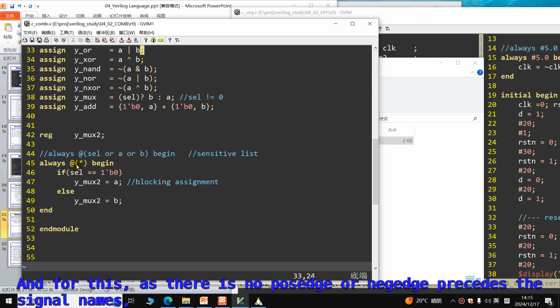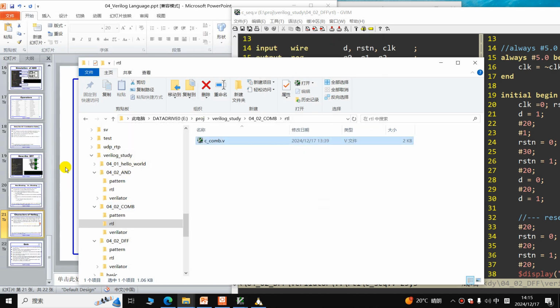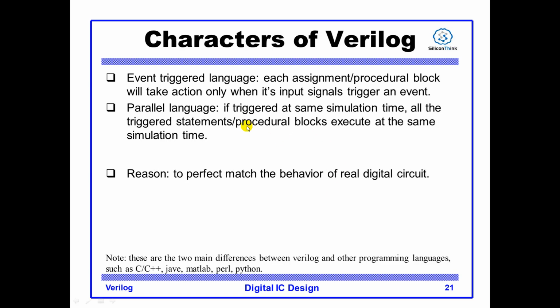And for this, as there is no negedge or posedge preceding the signal name, this is level sensitive. Either a 0 to 1 change or a 1 to 0 signal change will trigger the entire procedure block. Okay. So this is called an event-triggered language.